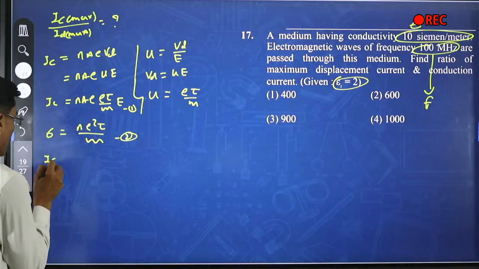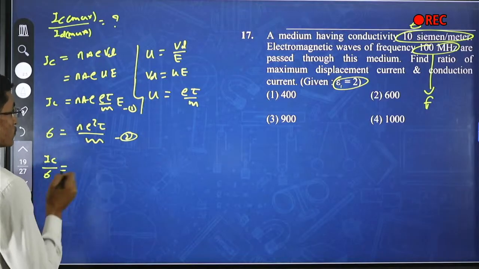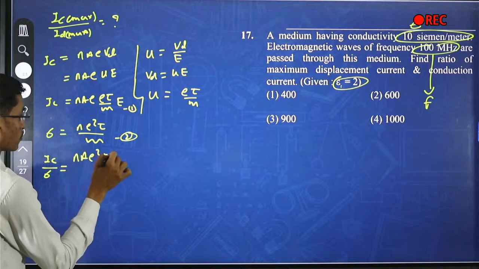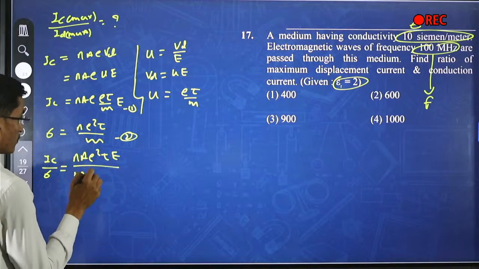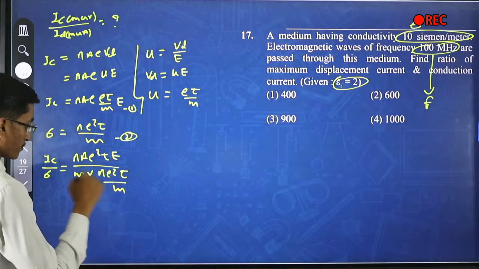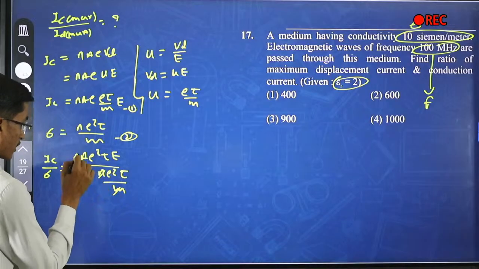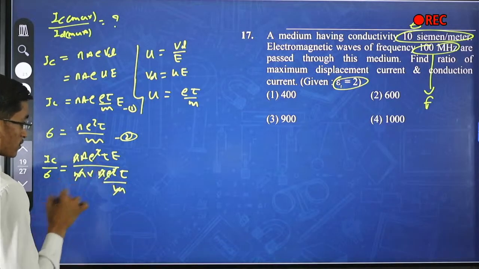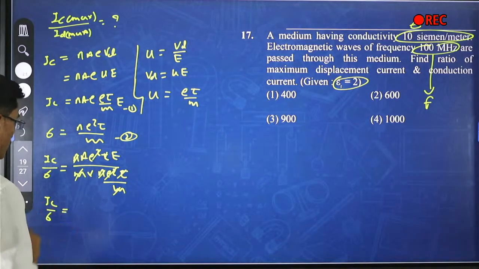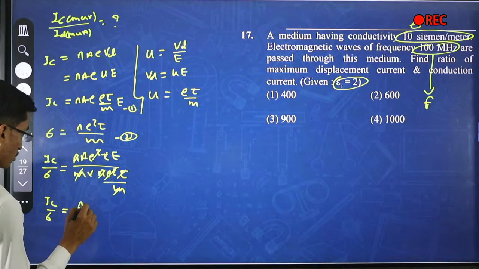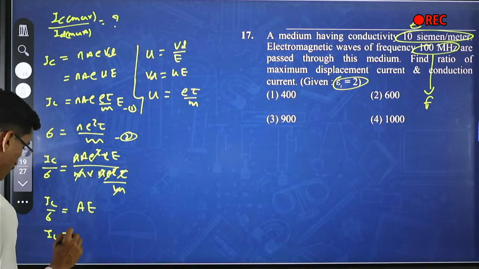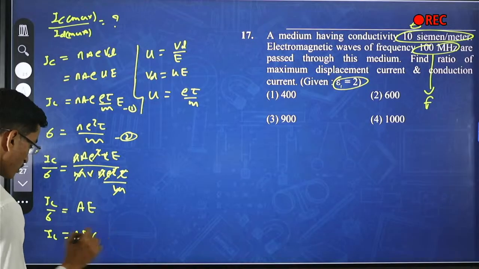So IC by sigma is equal to the ratio of N A e squared tau E by m into N e squared tau by m. So m will be cut, N cut, e squared cut, tau cut. So IC by sigma is equal to AE, and IC will become A E into sigma.